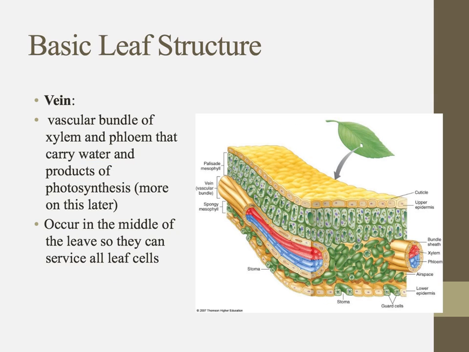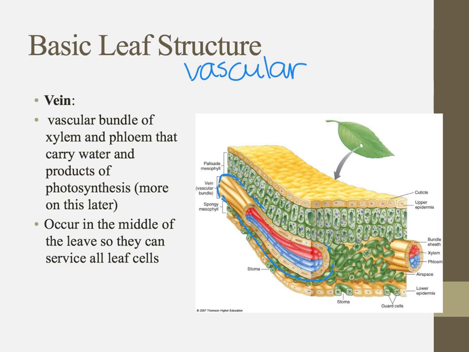Okay, now I should have prefaced this by saying that here we are talking about what we call vascular plants. Okay, not all plants are vascular. Vascular means that you have vessels that carry things. So in humans, our vascular system includes arteries and veins. Okay, in leaves and in plants, we say that they have veins, okay, but really those veins contain two types of tubes or two vessels, okay?